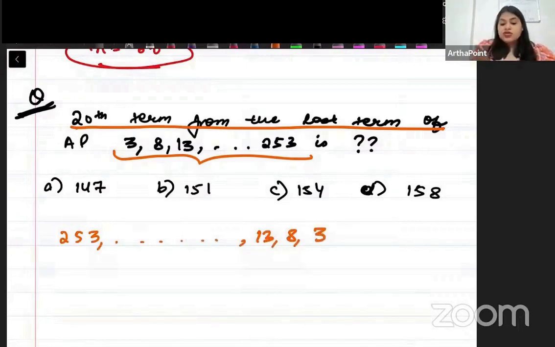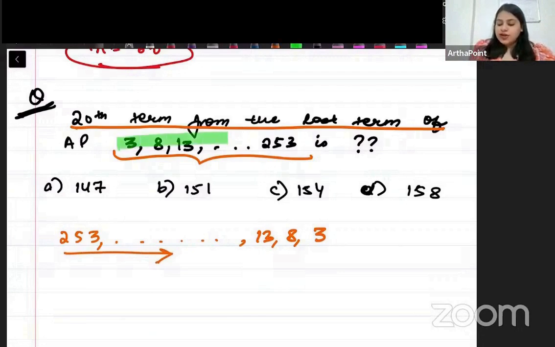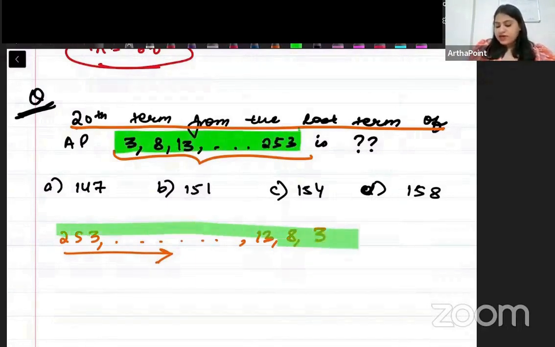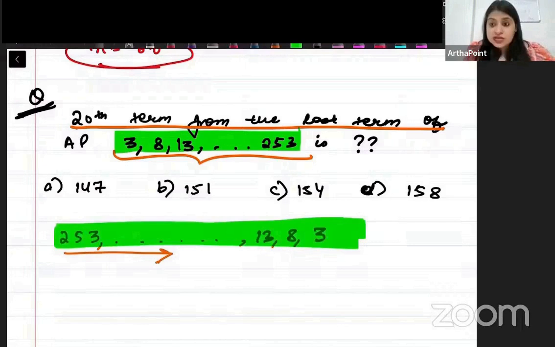Now, instead of finding the 20th term from the last, I can find the 20th term from the first, because I have reversed the AP itself. So now I have to find the 20th term from the first.